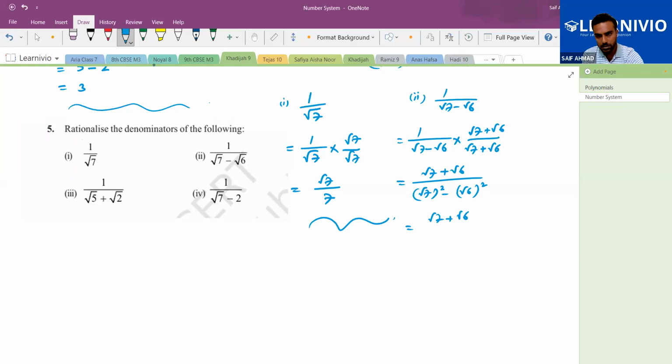Root 7 square is 7 and root 6 square is 6. So root 7 plus root 6 upon 1. You can write only root 7 plus root 6; you don't need to write upon 1. Understood? Yes. Note it down.